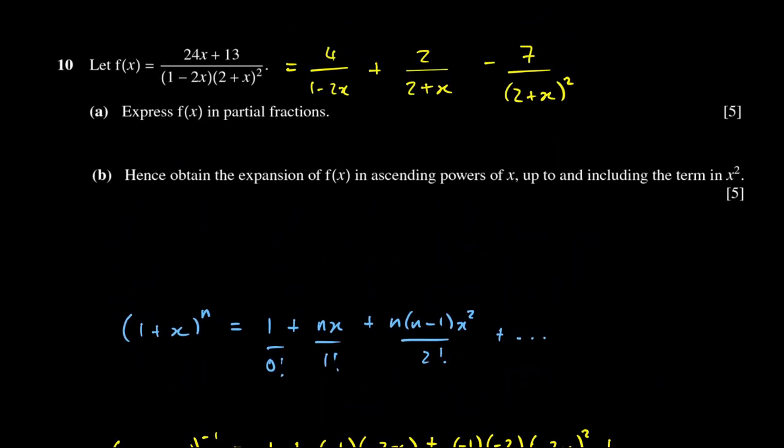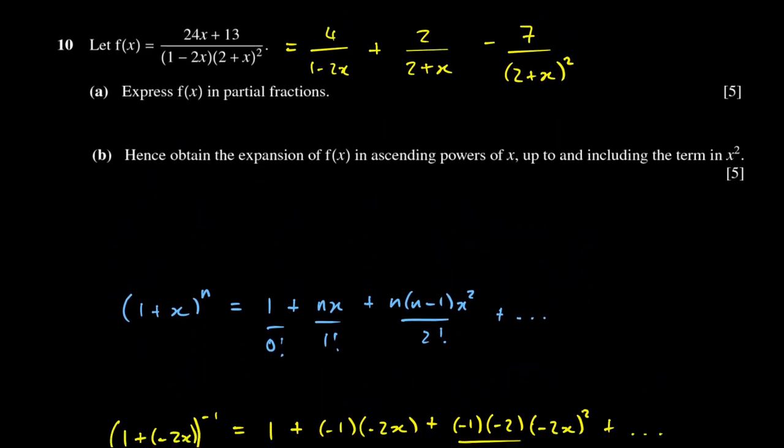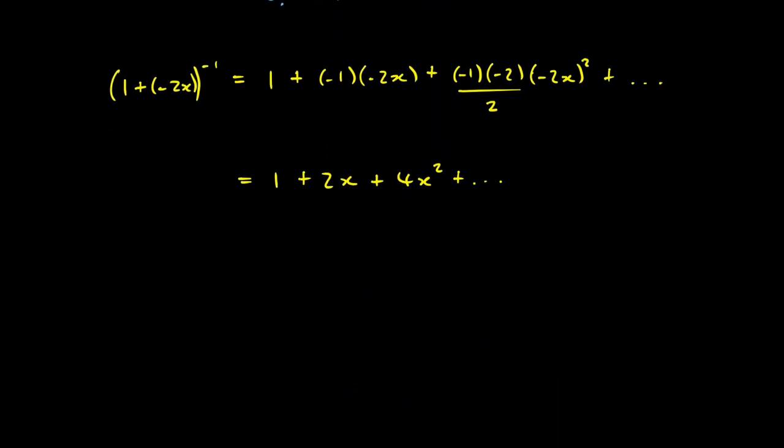Then what I want to do is I want to expand 1 upon 2 plus x. So I want to expand 2 plus x to the power of -1. But remember what I said a moment ago, this term here, that needs to be a 1. So the way I'm going to do that is I'm going to factorize out the 2. So I'm going to get 1 plus x upon 2, like that, to the power of -1.